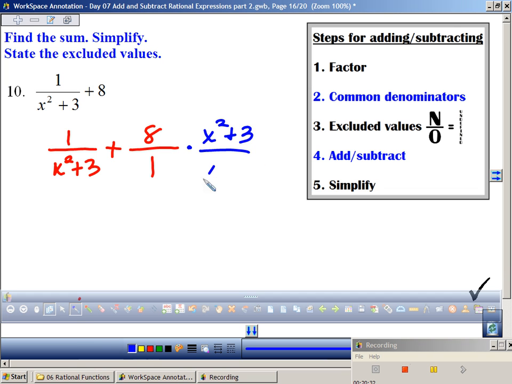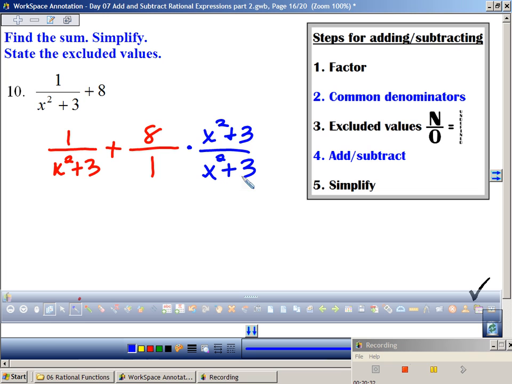If I want the same common denominator, I just got to create one. Like borrowing? Like regrouping? No. Not with this. Okay?